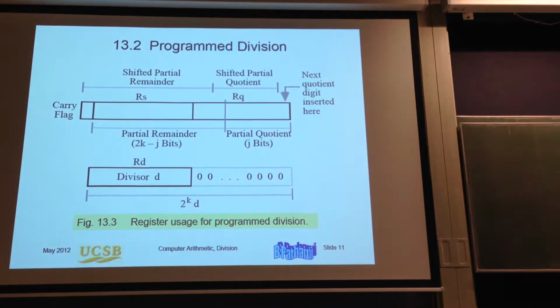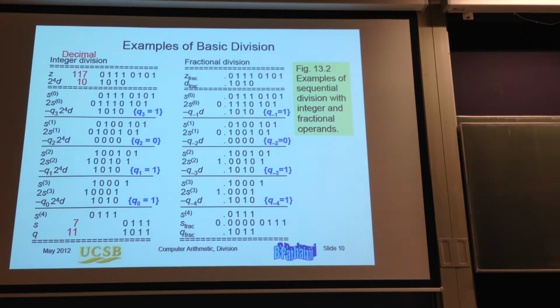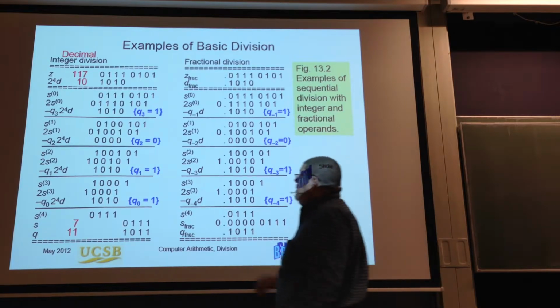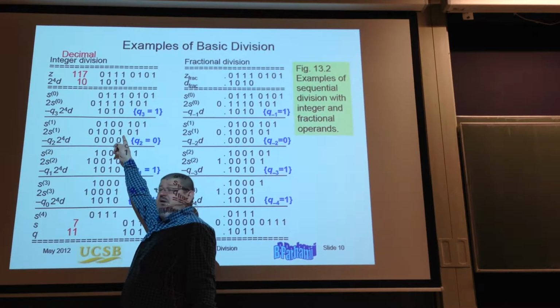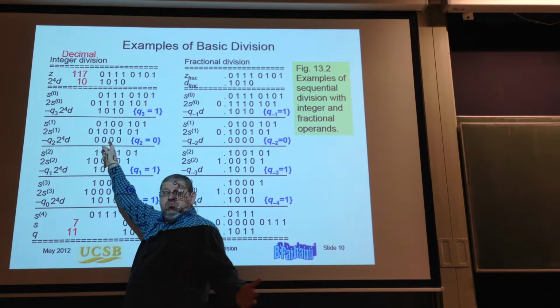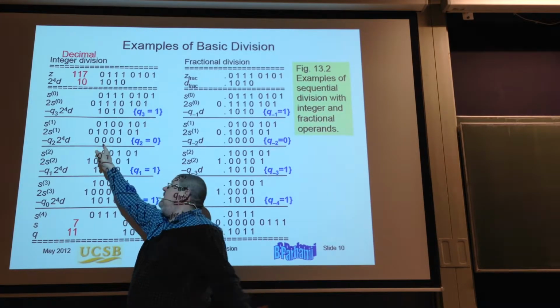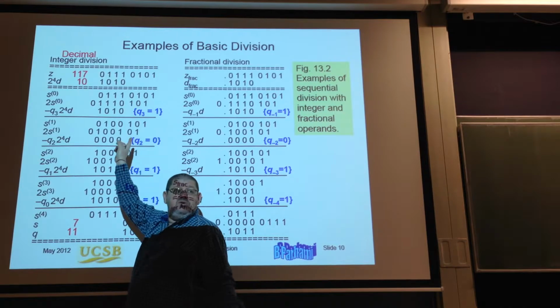Okay. Excuse me. Yes. Could you repeat how did you guess the second quotient? Which one? Here? Quotient 2? This one? Yeah. Okay, this is my new partial remainder. I can try to subtract d. And my d is 1010.